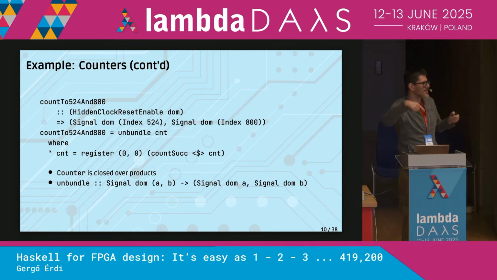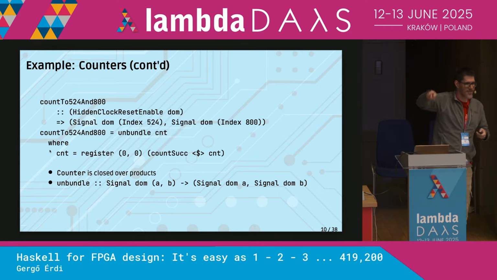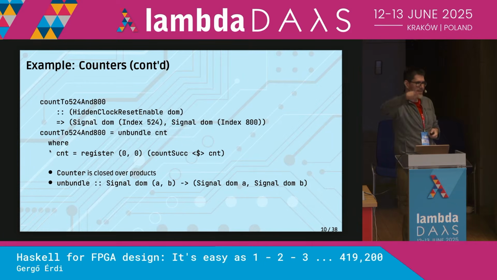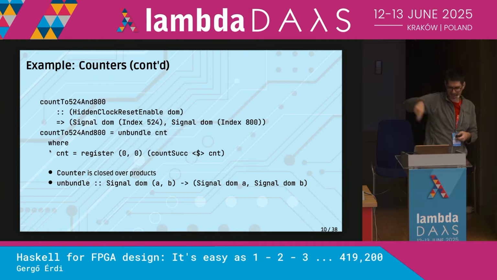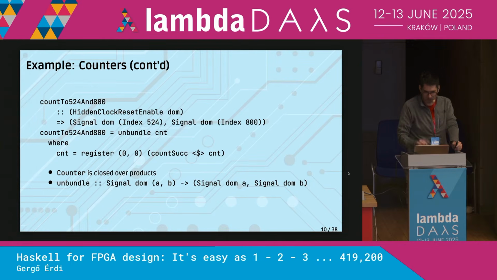So it's the usual: it goes from 0,0, 0,1, 0,2, ... 0,799, 1,0, 1,1, 1,2, ... 1,799, and so on. And we use this unbundle function here. That's not really that important. All it does is go from a signal containing a pair to a pair of signals.